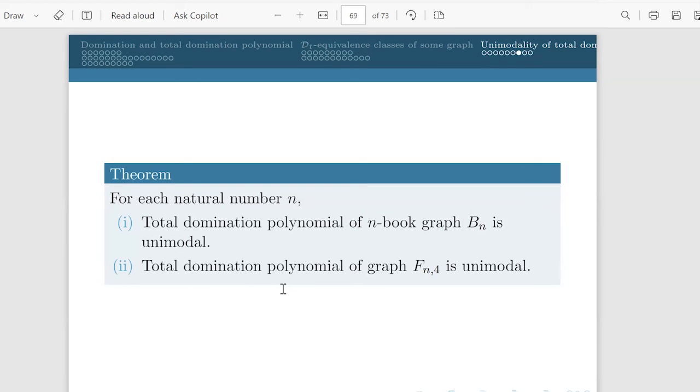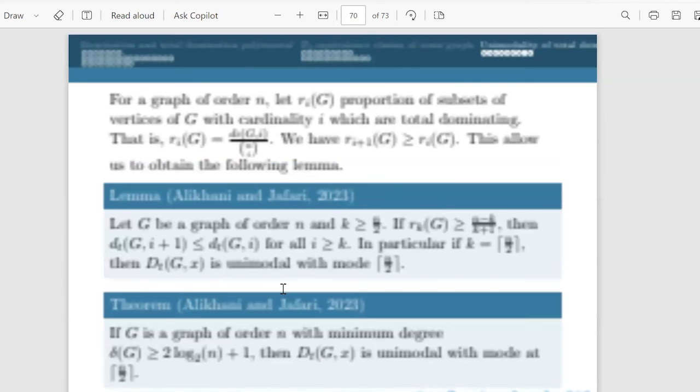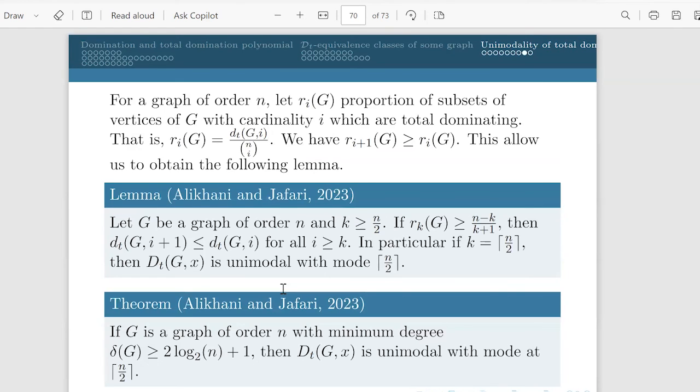And also we could prove that the total domination polynomial of the book graph is unimodal, and also for the generalized friendship graph, we could prove it is unimodal. And recently we have some similar results from, I think, Brown and his team in Canada, that if r sub k is greater than this number, then we have this inequality.